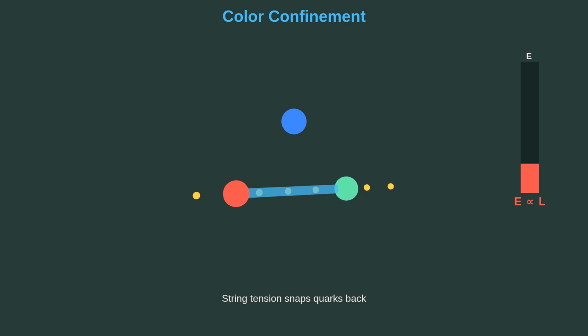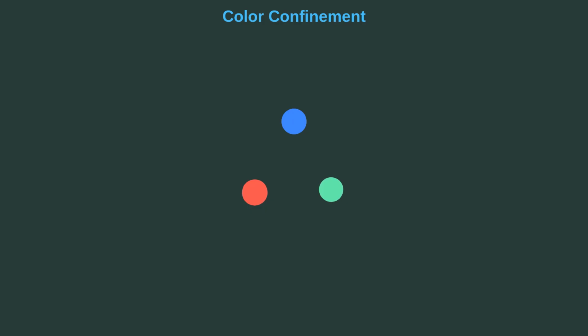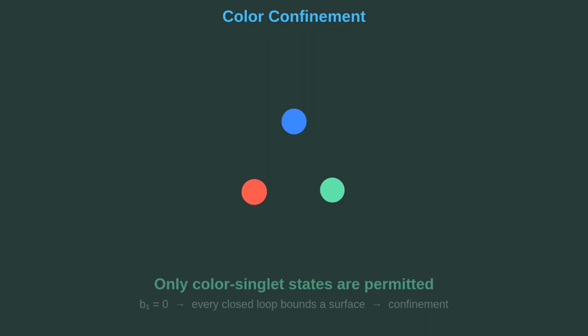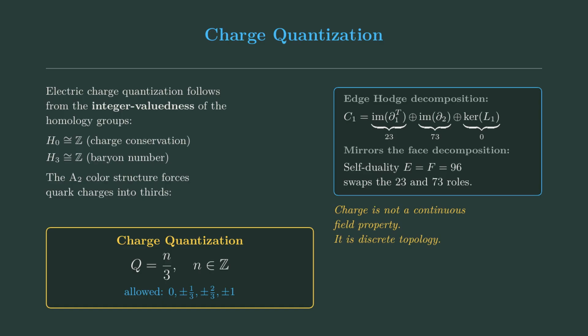Every result in paper 2 traces to one row of this table. B0 equals 1, connected vacuum. B1 equals 0, color confinement. B3 equals 1, baryon conservation. 73 coexact modes, propagating gauge field. 23 exact modes, topologically frozen.